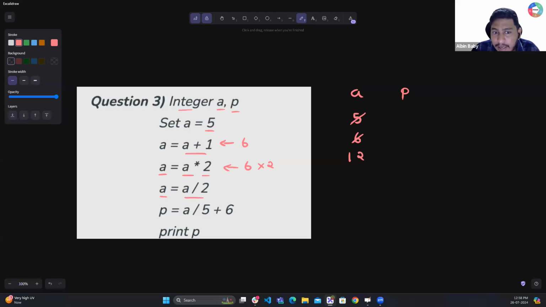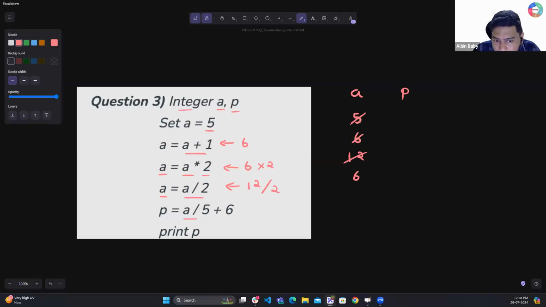A equals A divided by 2. What is A right now? That is 12. What is 12 by 2? That is 6. So A becomes 6 now, right? Clear so far?